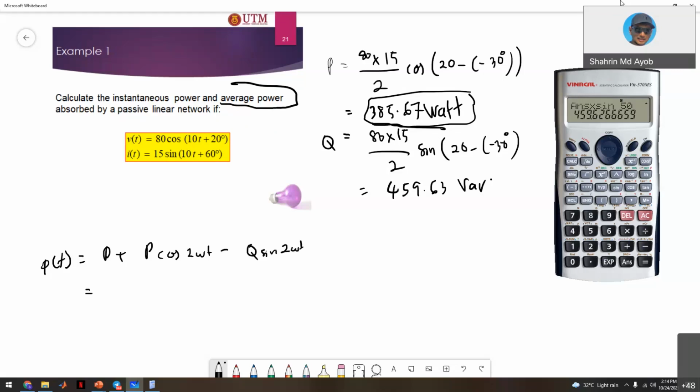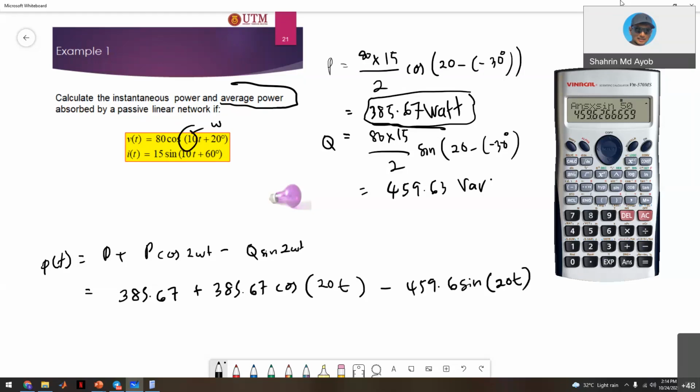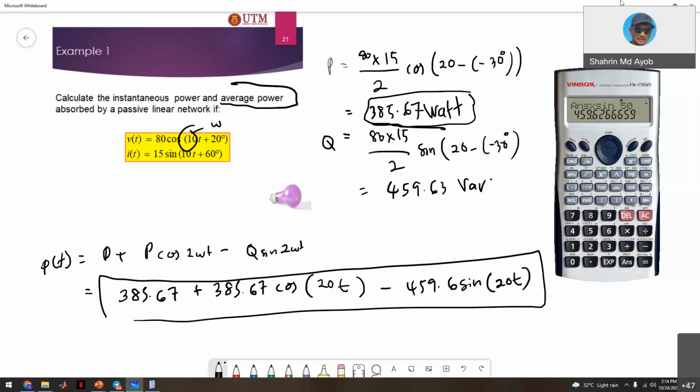So you just write down 385.67 plus 385.67 cos of 2, and your omega is 10, right, so 20t, minus 459.6 sine 20t. So that is your instantaneous power.